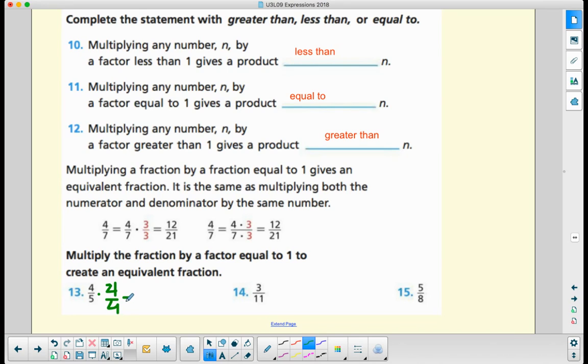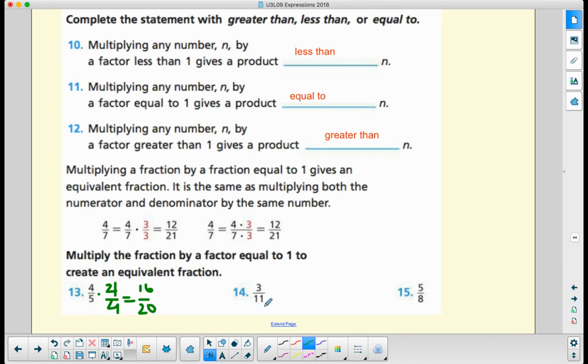So that's going to give me a product equal to 4/5, but it's going to be 4 multiplied by 4 is 16, and 5 multiplied by 4 is 20. My pieces got 4 times smaller, so I need 4 times as many.